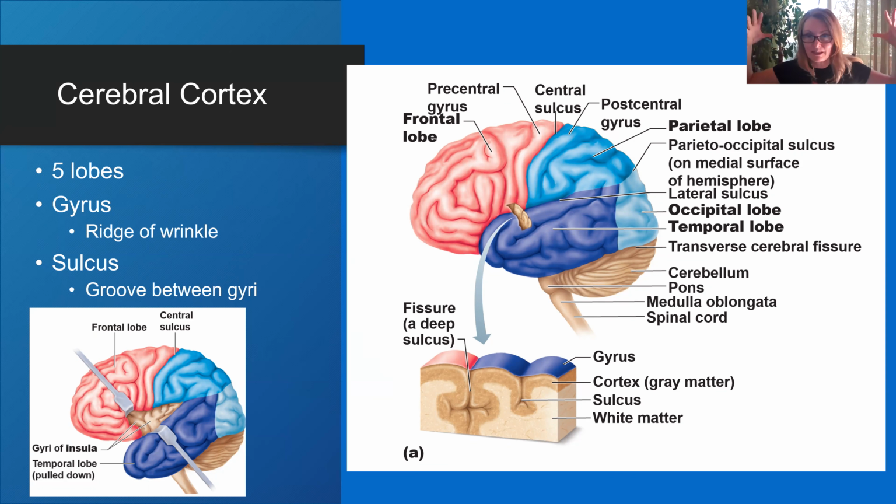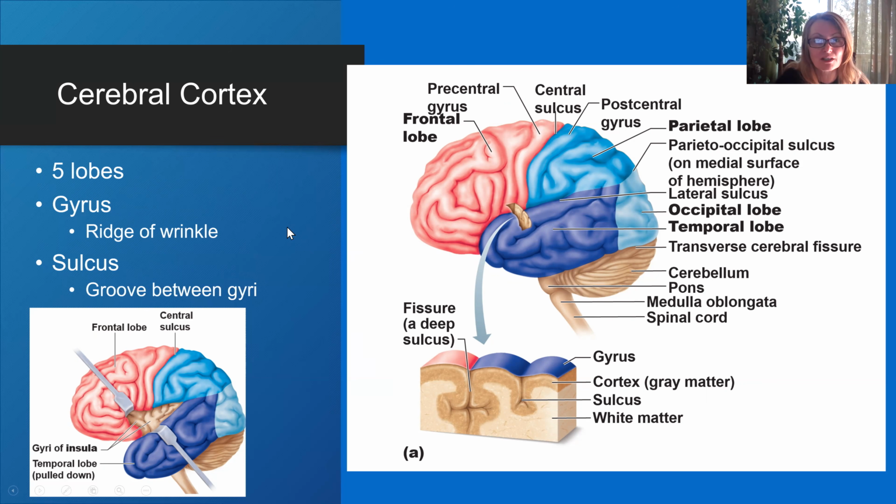Instead of having a big head, we have a nice-sized head compared to the rest of our body, but at the same time, those wrinkles allow you to have a large surface area. Ridges are called gyri; gyrus is singular, gyri is plural. Grooves or depressions between these gyri are called sulci; sulci is plural, sulcus is singular.